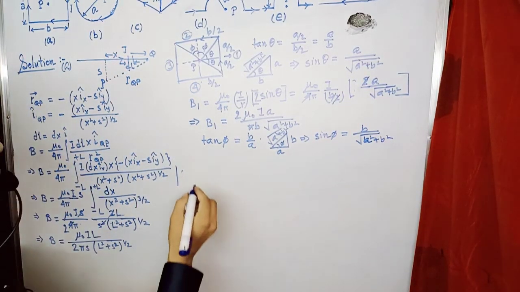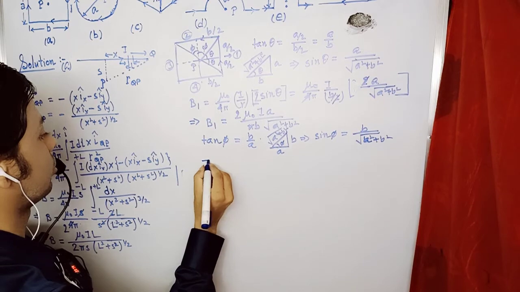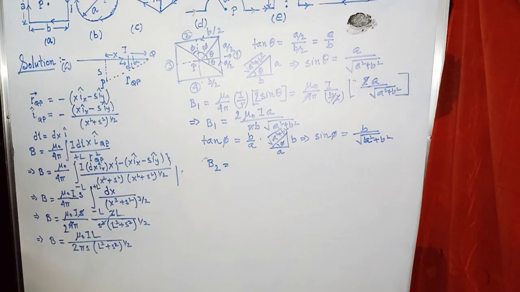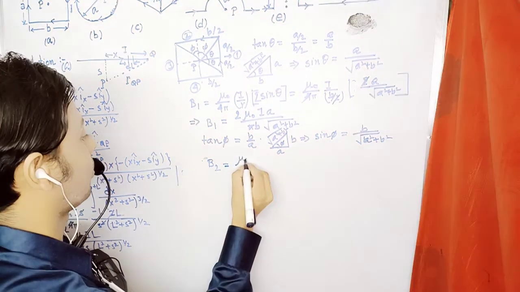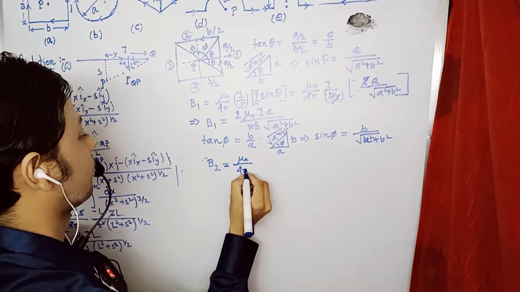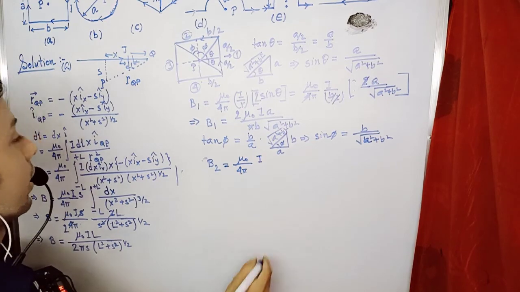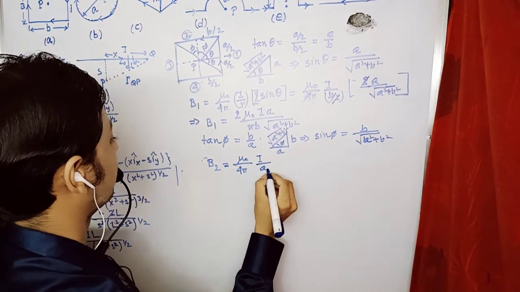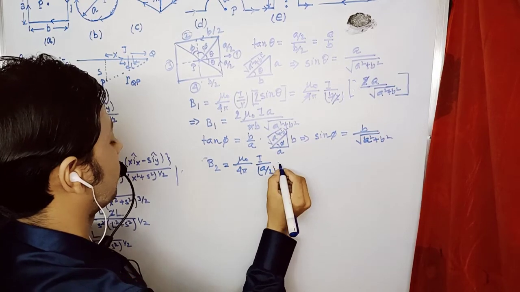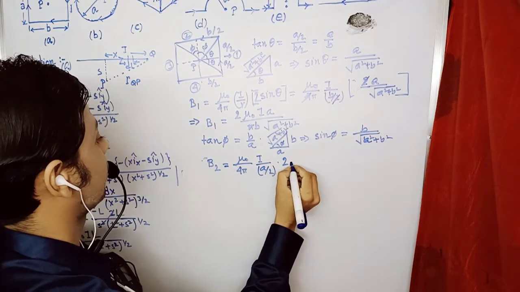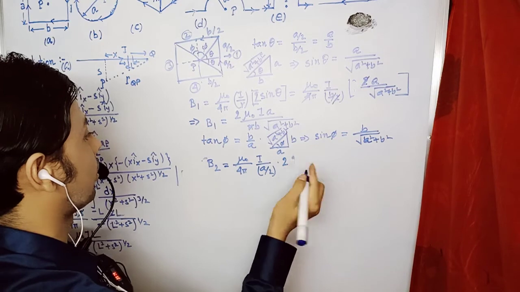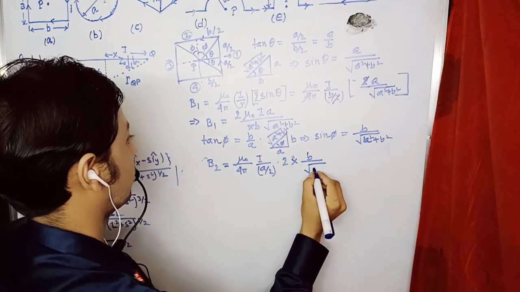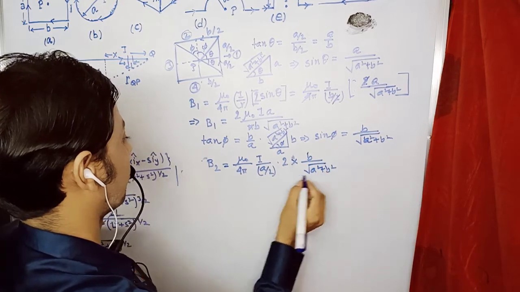Again, magnetic field B2 due to the second segment will be equal to mu naught divided by 4 pi, I upon R. Now the value of R is equal to a divided by 2, into 2 times sin phi, and the value of sin phi is equal to b divided by under root a square plus b square.